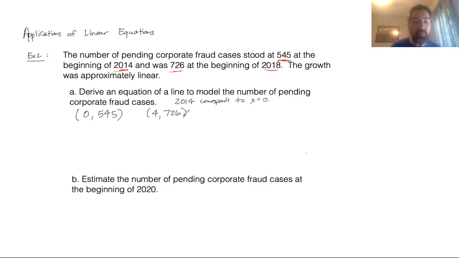We've got to know the slope, and since we've got 2 points, we can find the slope by subtracting the 2 y values, 726 minus 545, and subtracting the x values, 4 minus 0. 726 minus 545 is 181, and 4 minus 0 is 4.